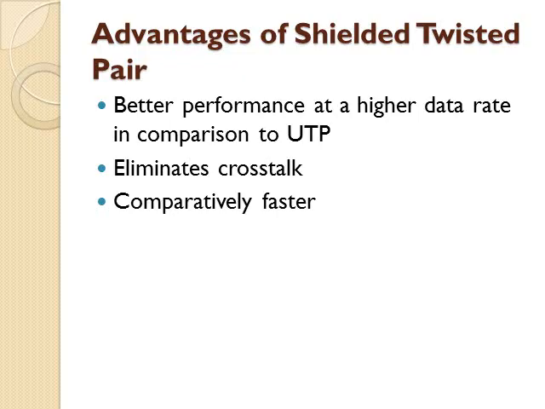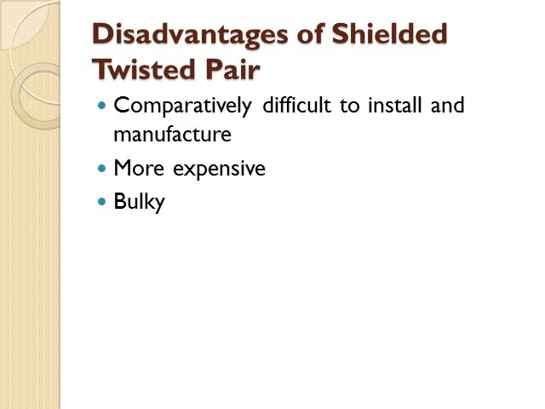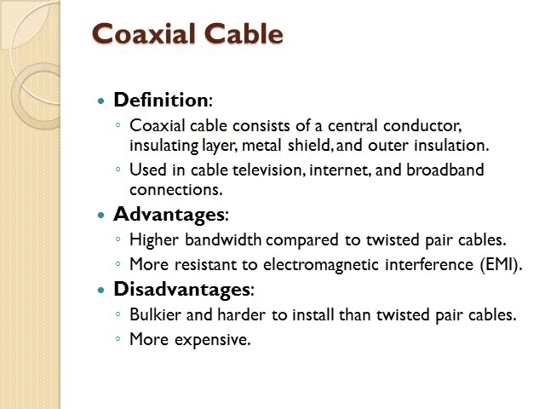It eliminates crosstalk and is comparatively faster than unshielded twisted pair. Disadvantages of shielded twisted pair are that it is comparatively difficult to install and manufacture. It is more expensive and bulkier.